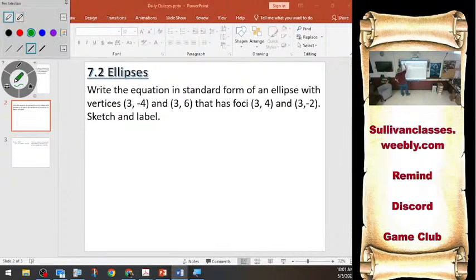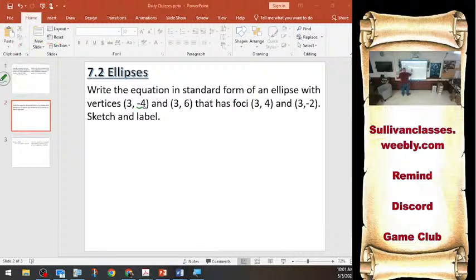So, if my vertices have y's changing, that tells me that I have a tall potato. I have vertices north and south, which means it's going to be stretched vertically.